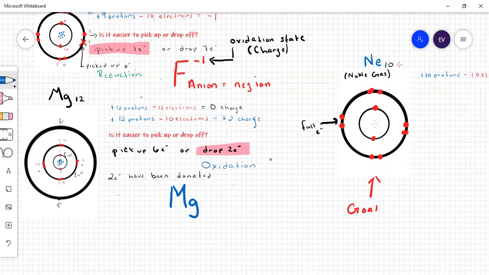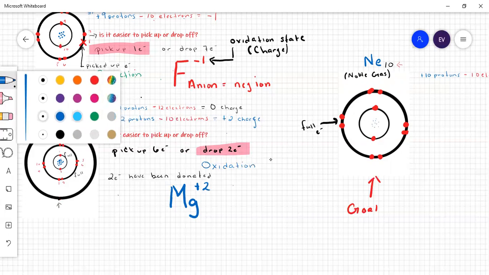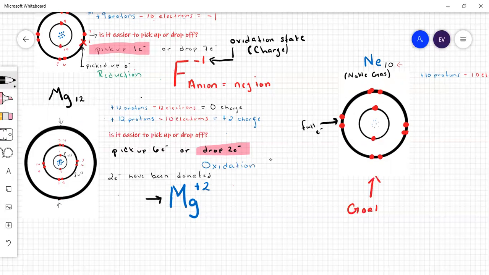In this case, it's going to be a 2+ ion, right? You can write that as a 2+ ion, or you can write that as a +2 ion. Either way, it's the same, okay? So when we're looking at a symbol like this, the symbol represents that it's now an ion.